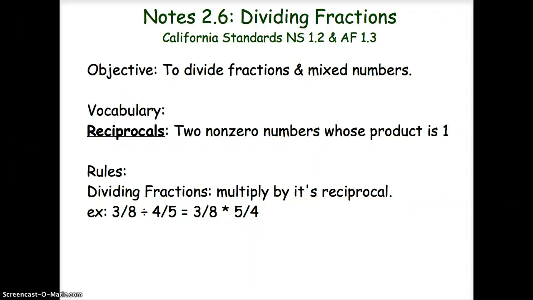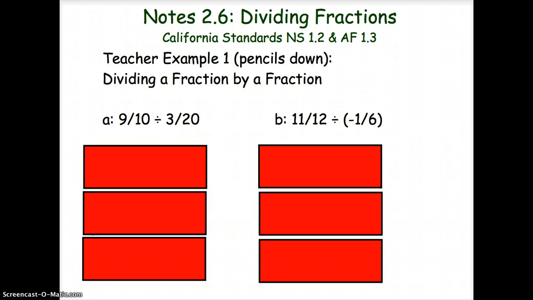So if I have 3/8 divided by 4/5, I can change it by making that 3/8 times 5/4. So I've changed the division to multiplication and changed that second fraction to its reciprocal.